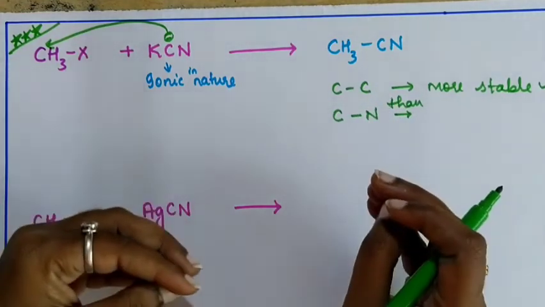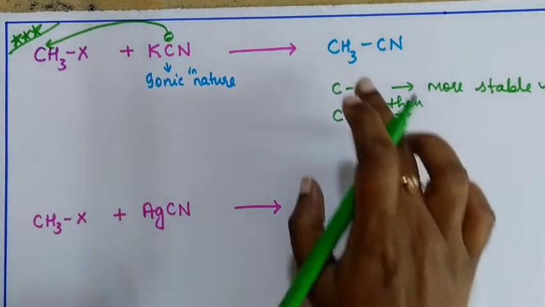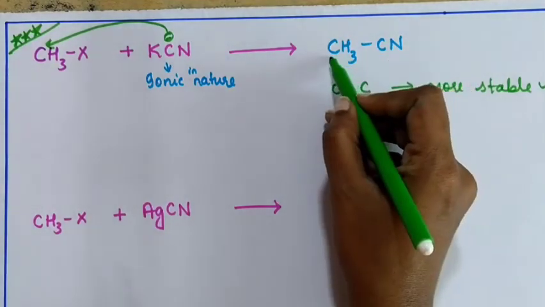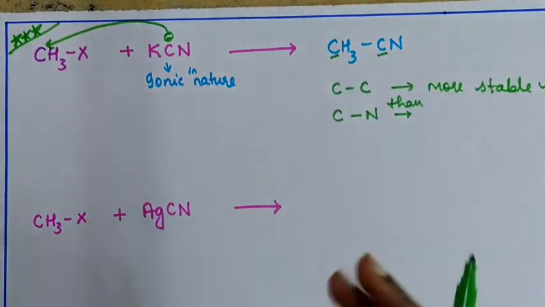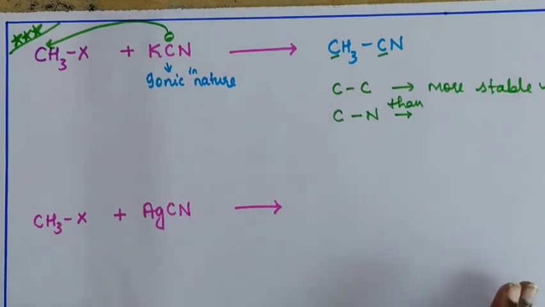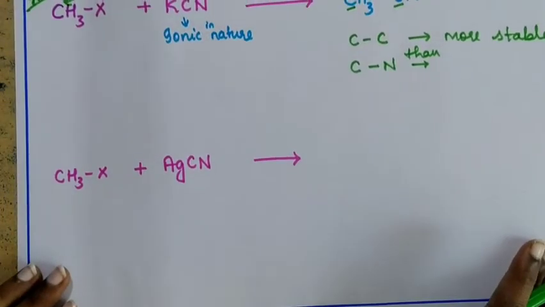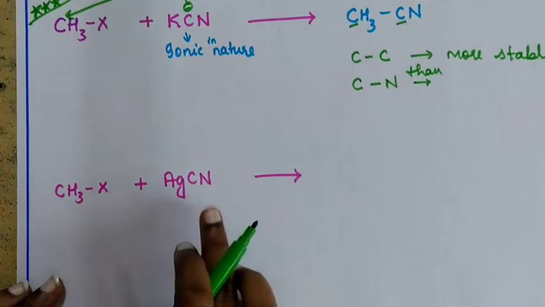That is why instead of forming CH3NC, it will form CH3CN, because the carbon-carbon bond is going to be more stable. Understood?